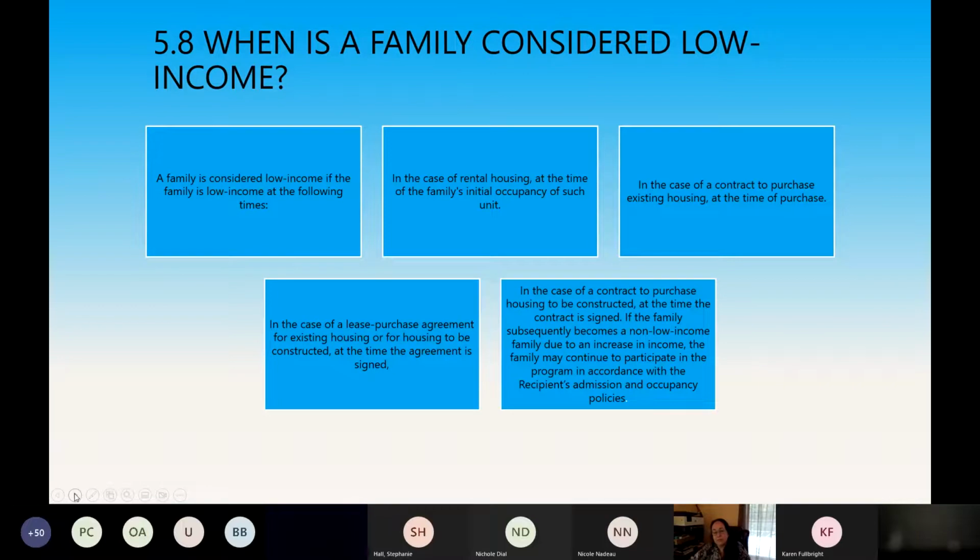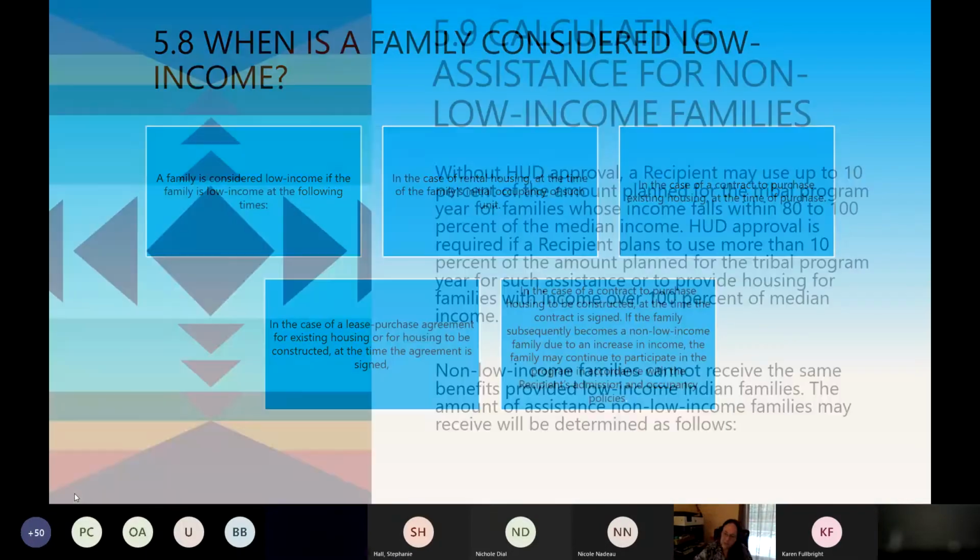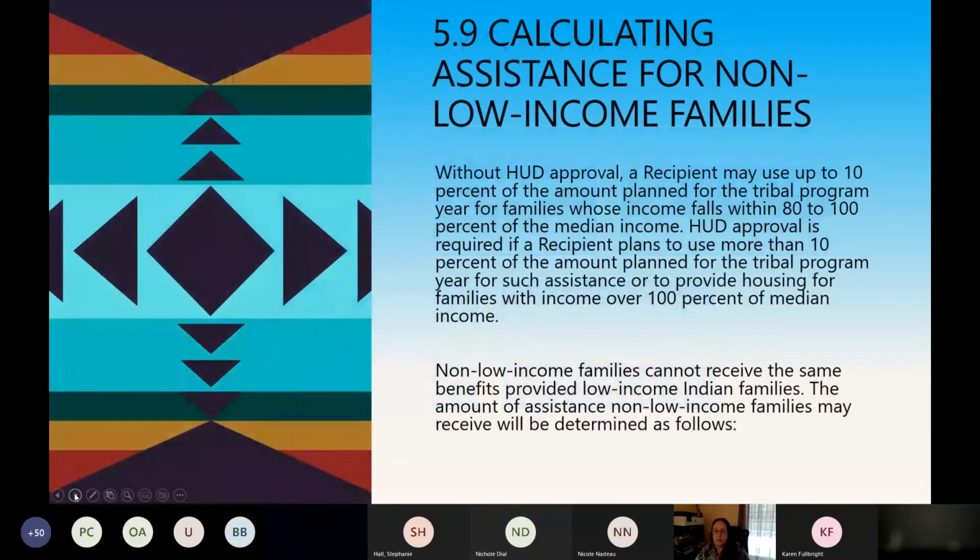If the person subsequently becomes a non-low income family due to an increase in income, the family may continue to participate in the program in accordance with your recipient's admission and occupancy policies. So make sure, if that's what you want to happen, that that's how they read.